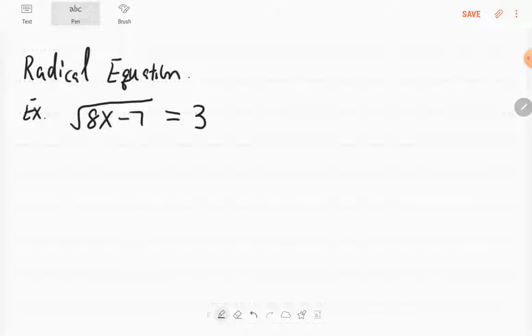Otherwise, we can do nothing. So we need to raise both sides to a certain power to eliminate the radical sign. Since this is a square root, we square both sides to eliminate the square root.